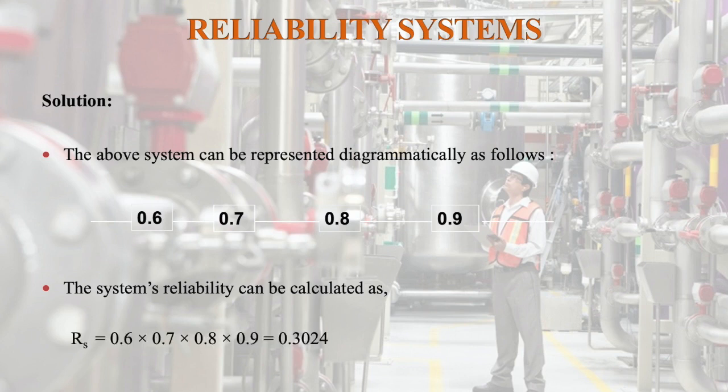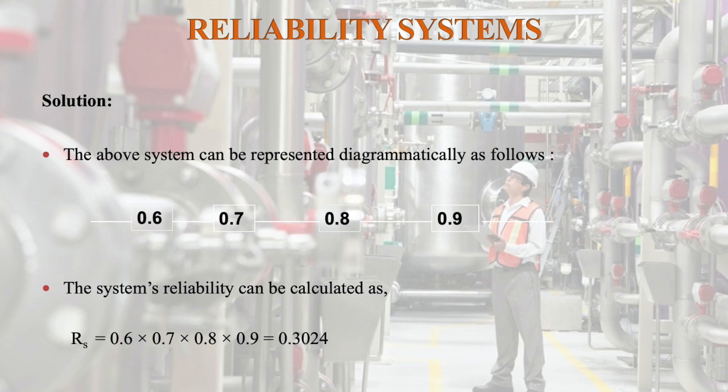So Rs is equal to, we have to multiply R1 into R2 into R3 into R4. So here the values will be substituted, that is Rs is equal to 0.6 into 0.7 into 0.8 into 0.9, that is equal to 0.3024. So this is the first one we have found out.